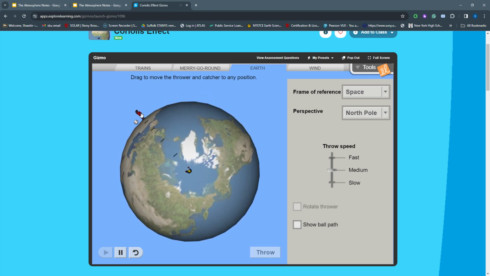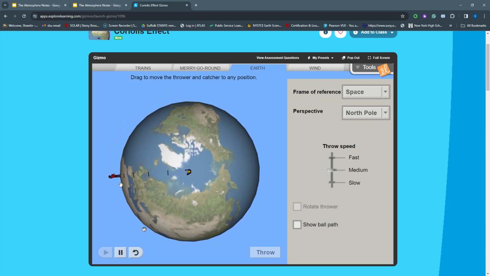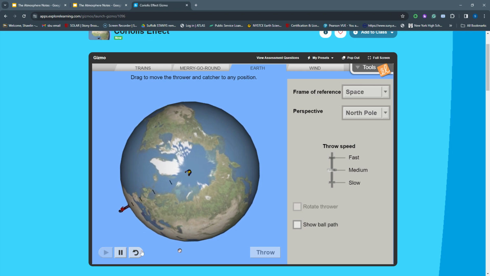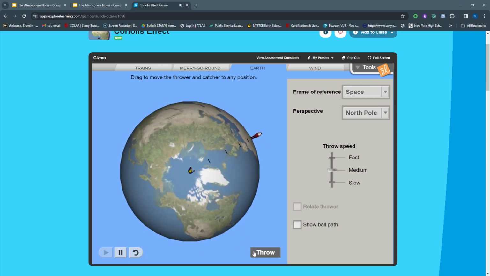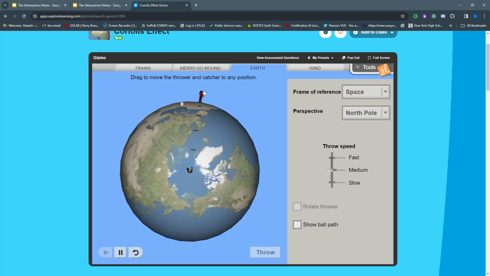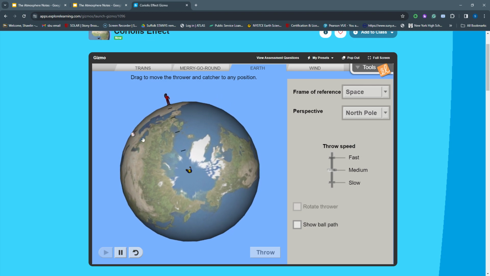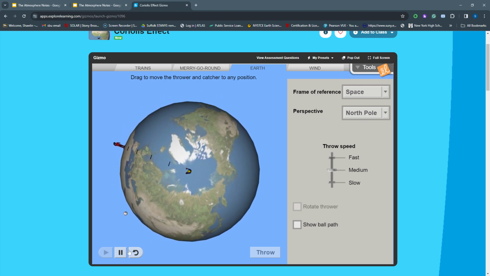Instead of going straight, the ball is actually curving to the right side of the thrower, just like the merry-go-round, right? Look at that again. So the Earth is spinning, the person's trying to throw the ball forward, but instead, since the Earth is spinning, the ball also kind of moves towards the right side of this thrower. Okay? And this is from the perspective of the North Pole.